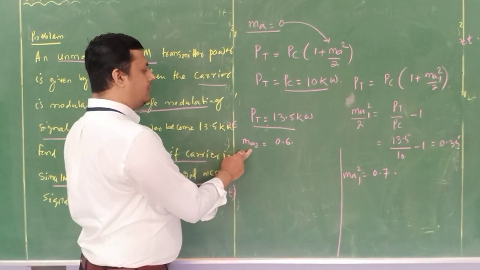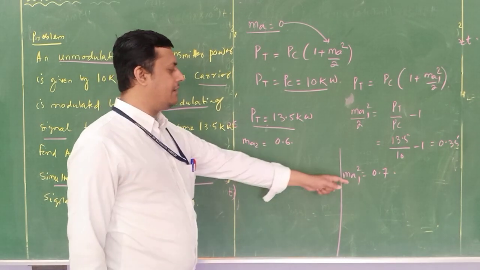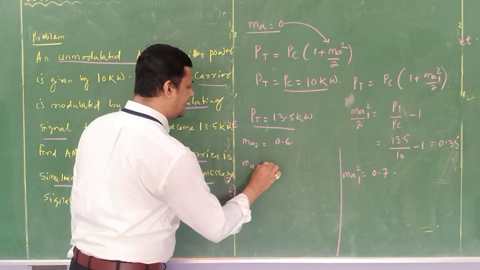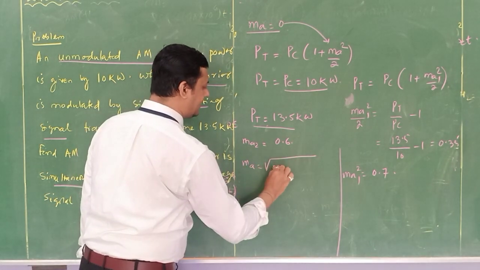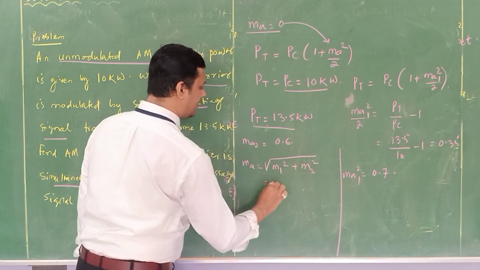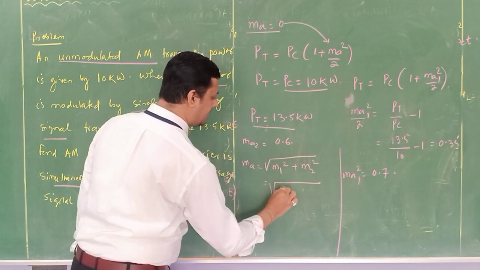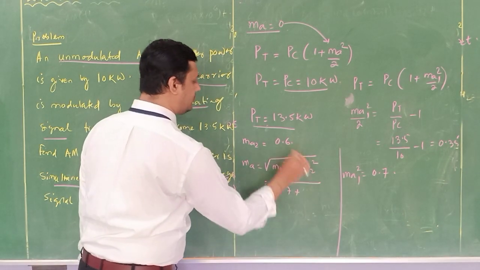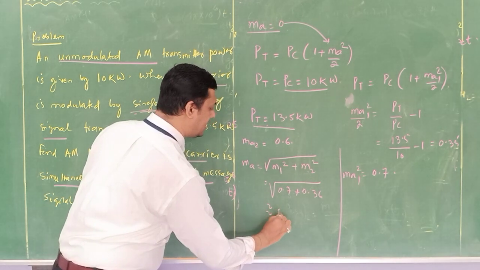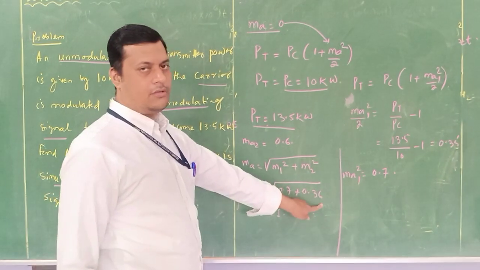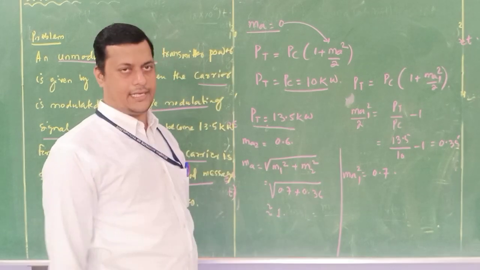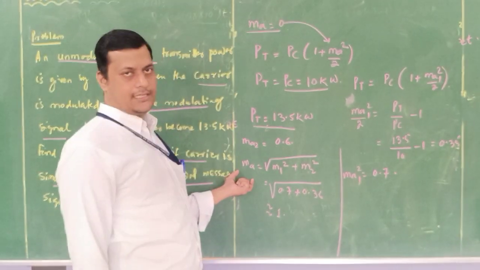Now MA2 is 0.6, MA1² is 0.7. So what is your net modulation index? Net modulation index squared is M1² plus M2². M1² is 0.7. M2² is 0.36. So near about it is coming as 1. You don't consider this 6; near about 0.7 plus 0.3 it is 1. So this is the net modulation index.